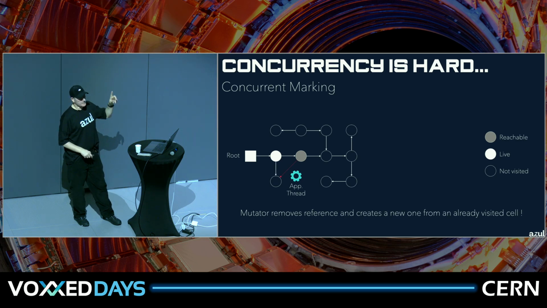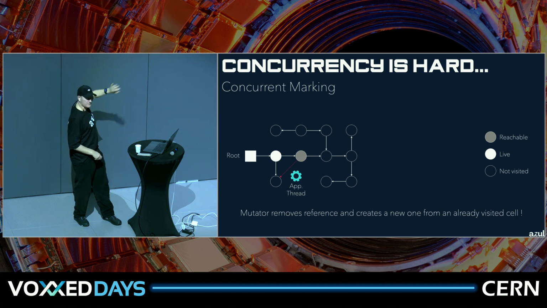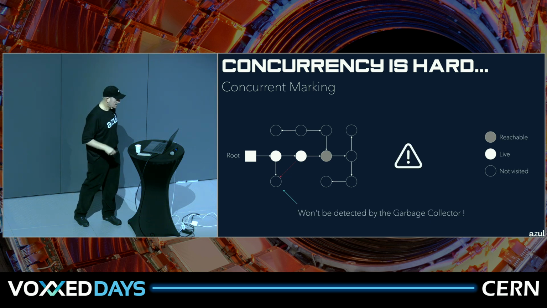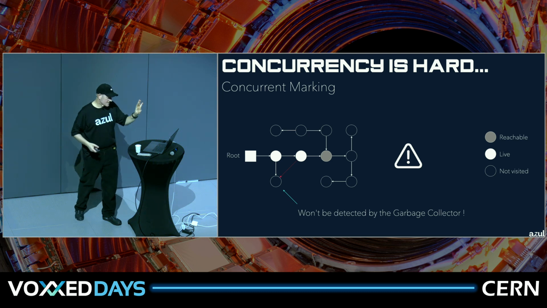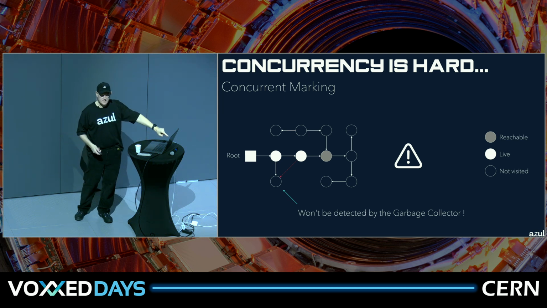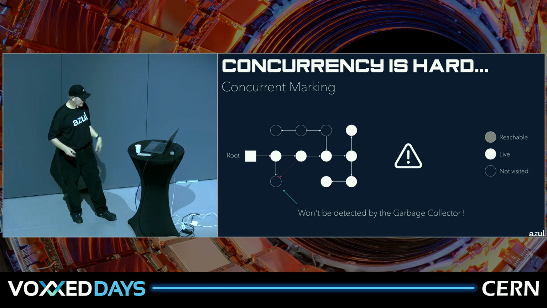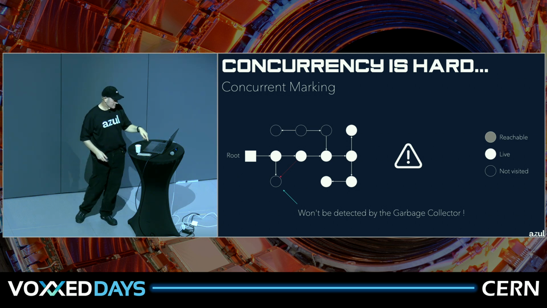Well, the garbage collector already passed the first cycle, right? So it was live, I know that, I'm done, and it continues. So it has no idea that there is a new reference here, right? So it will continue following all the references, mark everything live. And once it's done, it won't find this one, and it will remove it. So the application will crash, right?